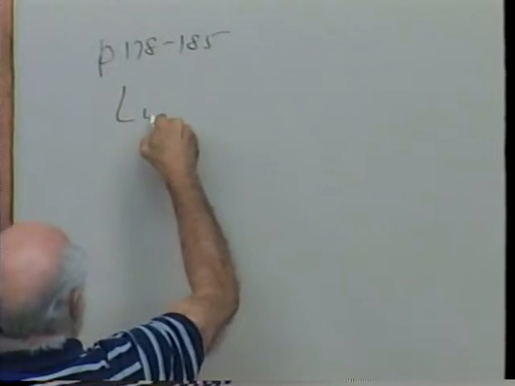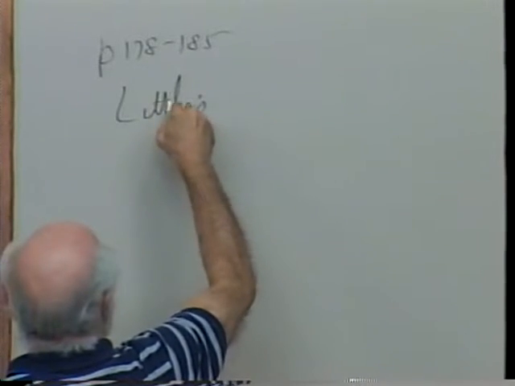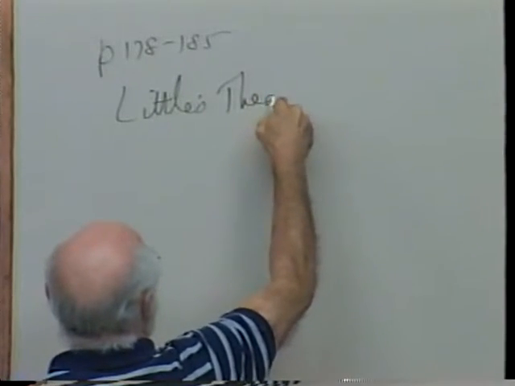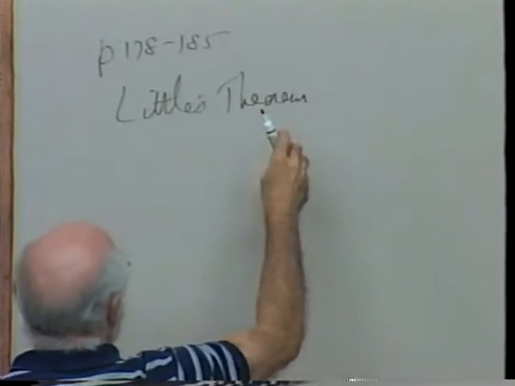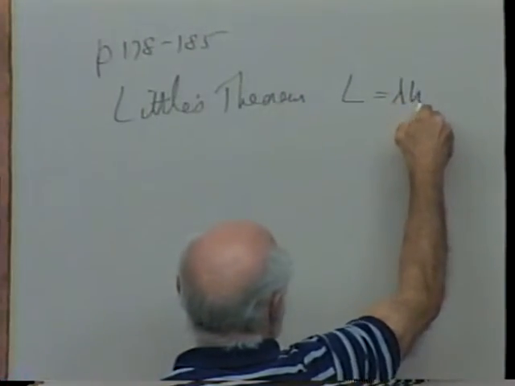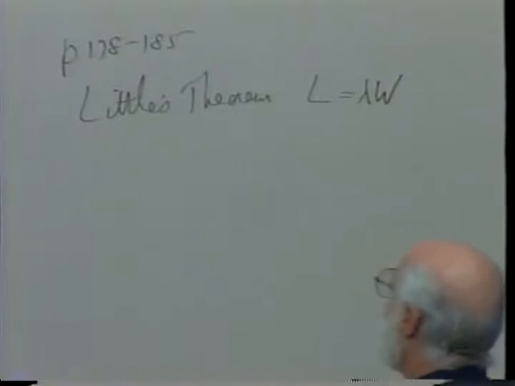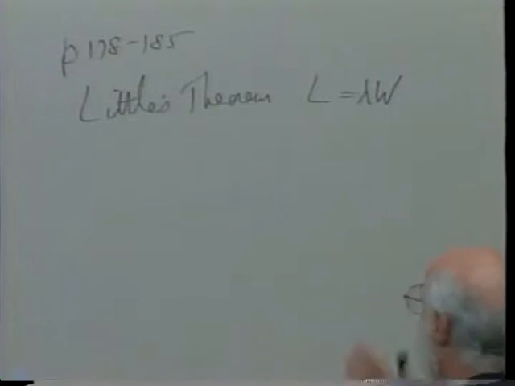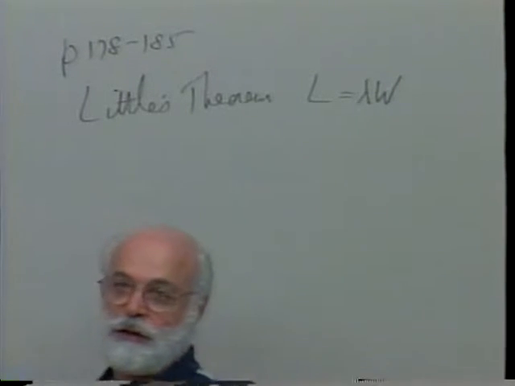It's called Little's Theorem. And usually it's written in the notation L equals lambda W. So Little's theorem is going to relate to this stuff here. That's why I'm doing it here.